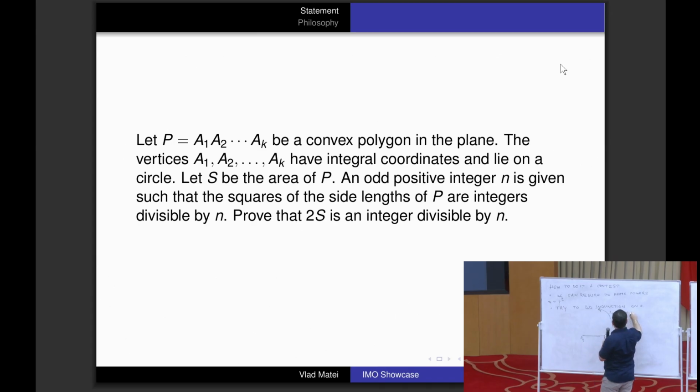Well, if there is a diagonal whose square is divisible by p to the t, then I have a1, ak, and my diagonal is somewhere here. With this diagonal, I get two pieces, 1 and 2, where I can apply the induction hypothesis.